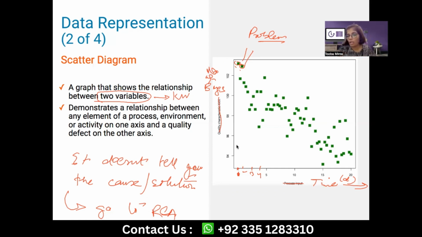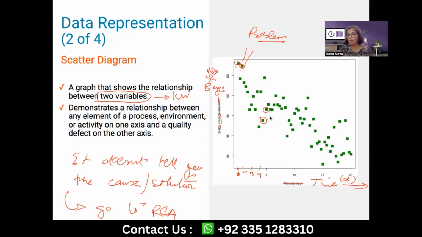For instance, if I see the data on the fourth and fifth day, maybe some fixes or solutions have been applied after analyzing in detail using RCA, and a day or two later, you are seeing a huge decline in the number of bugs.